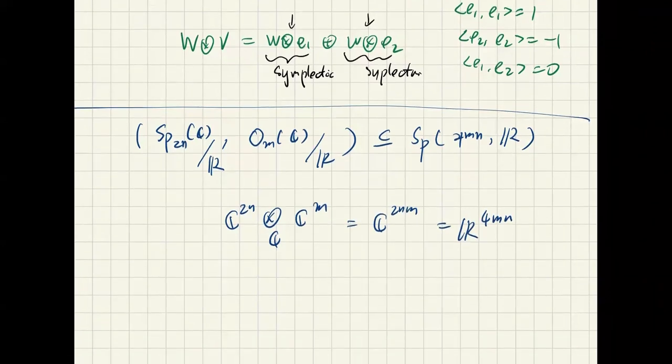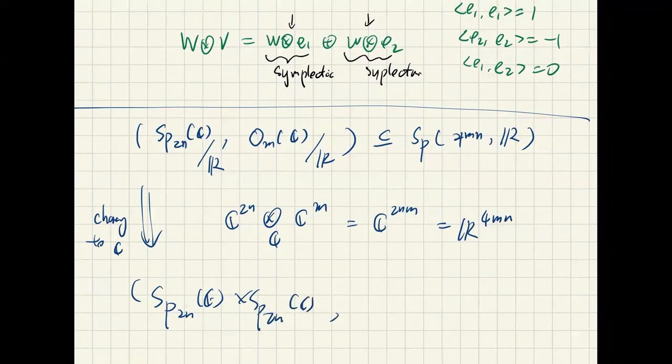Okay, so then you do the base change to C. It will give you Sp(2n, C) cross Sp(2n, C), O(m, C) cross O(m, C), inside Sp(4mn, C).